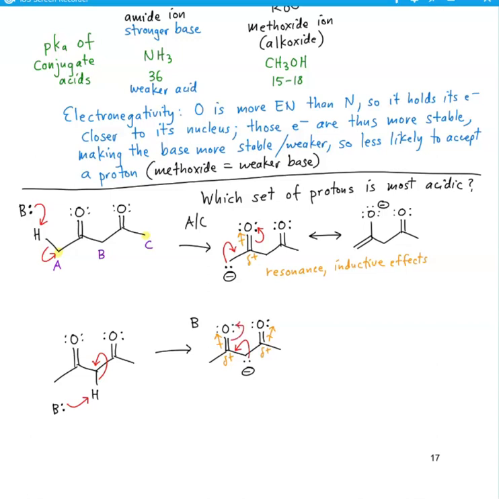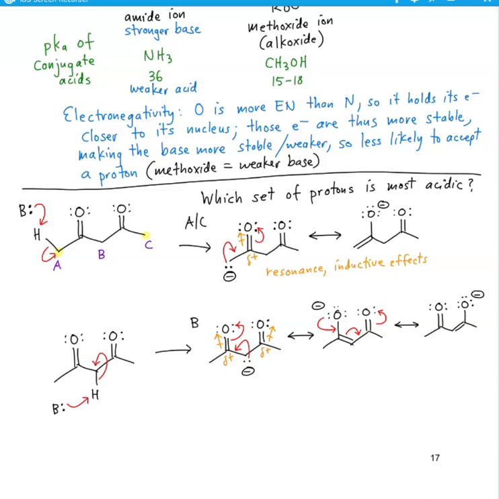So you can start by drawing this resonance contributor, but we just as easily could have delocalized that charge to the other oxygen. So now let's take this structure and delocalize the charge to the other oxygen. Like so.